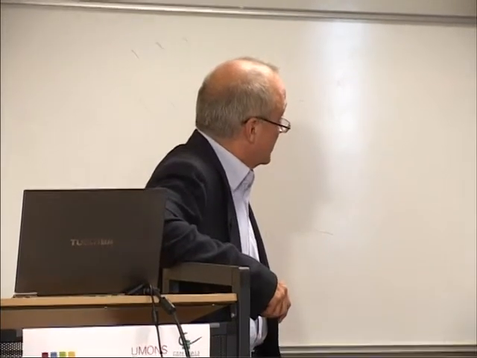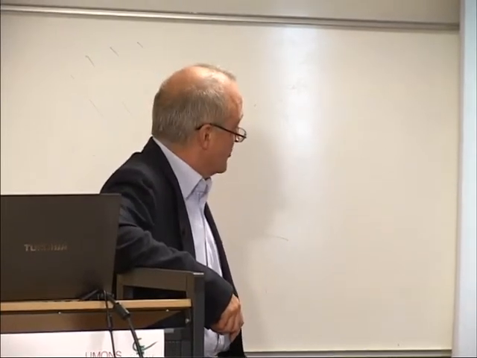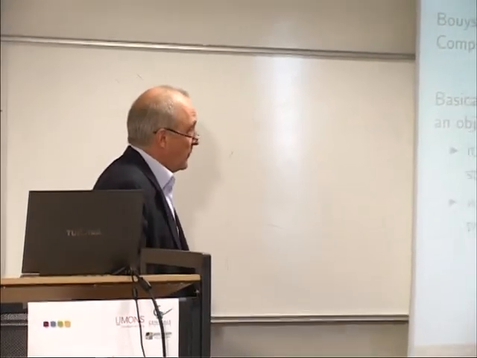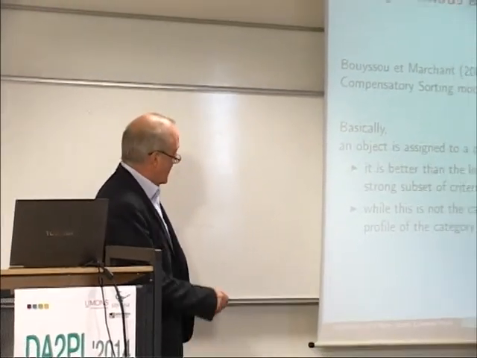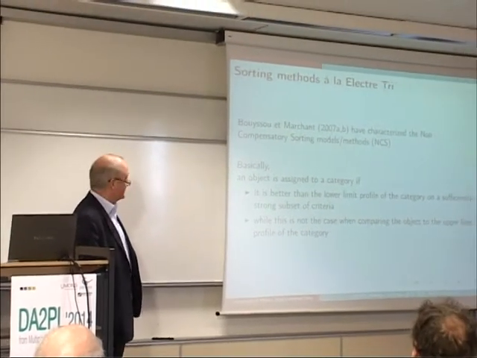In fact, it is a method which has been characterized by Denis and Thierry Marchand, which is called non-compensatory sorting methods or models, and which will be denoted in this talk NCS.